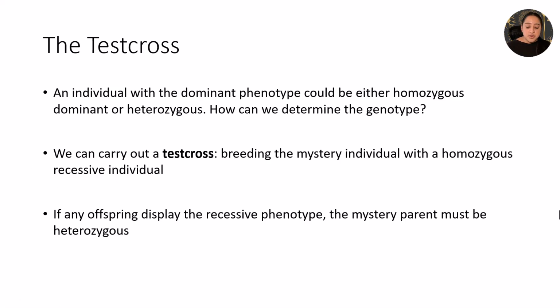So say you do a cross and it still looks the same, then it might not be heterozygous, right? It could be homozygous dominant because, well, I'll show visually on the slide. But if any offspring display the recessive phenotype, then that tells you the mystery individual must have had a recessive allele to give. So the mystery parent must be heterozygous.